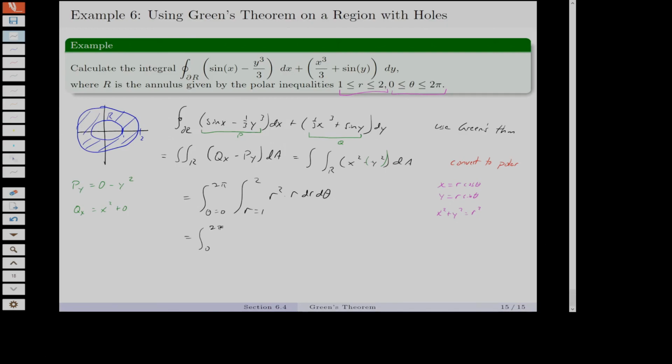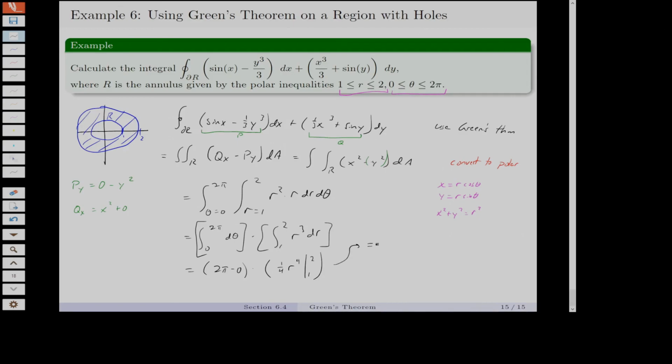I am able to use my shortcut, though. There's no thetas in here, so I can factor this whole r integral out and get the integral from 0 to 2 pi d theta times the integral from 1 to 2 of r cubed dr. So we have 2 pi minus 0 times 1/4 r to the 4th.